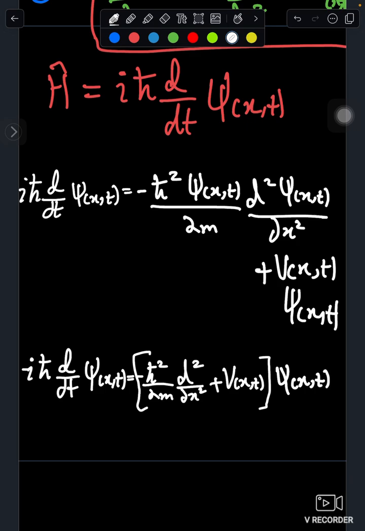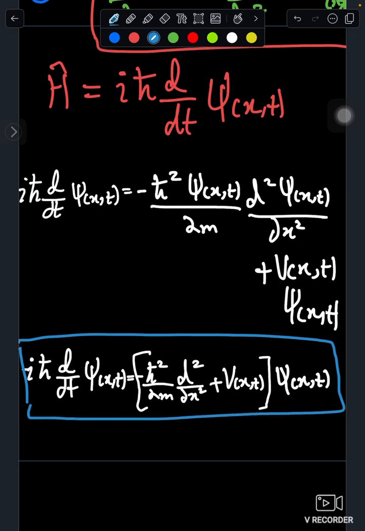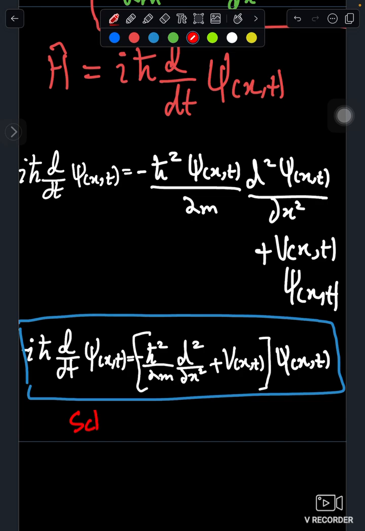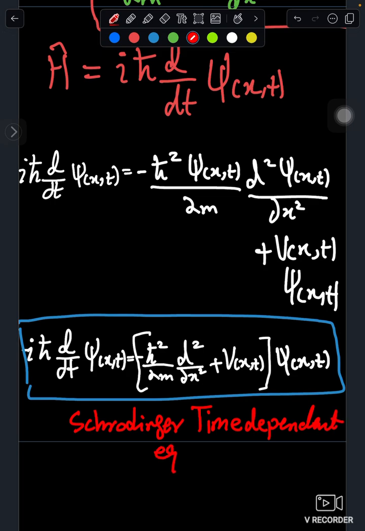So this is the full form of what we call the Schrödinger time dependent equation, as it's having time.